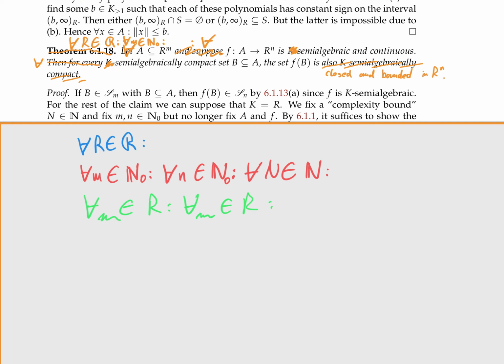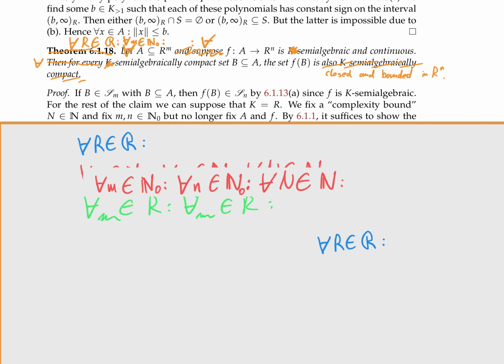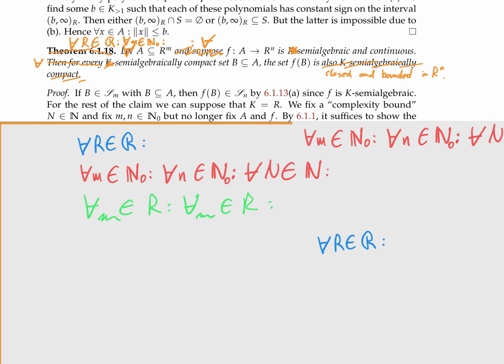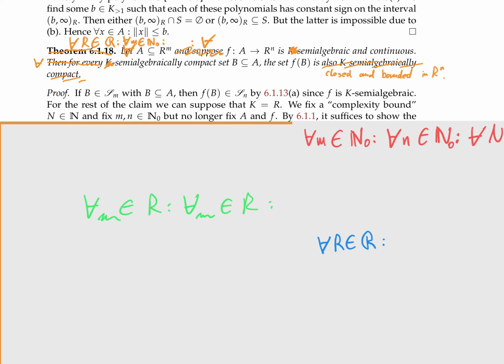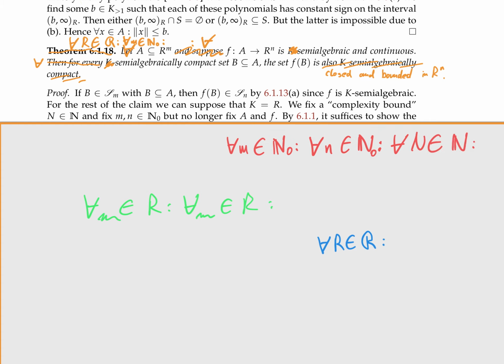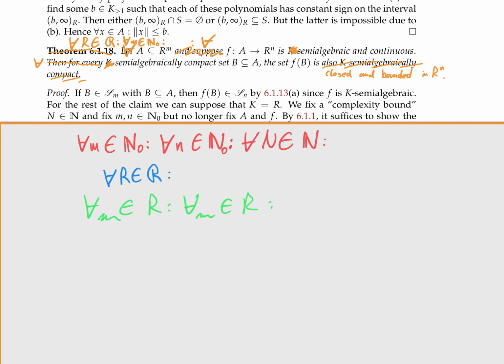So maybe it would actually be better to put the blue thing below here. So let me see. I can move this here, move this here, and maybe move it back here. Okay.